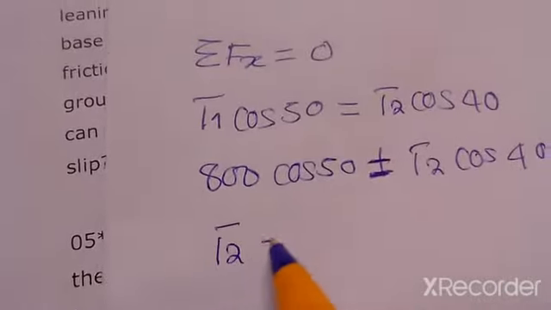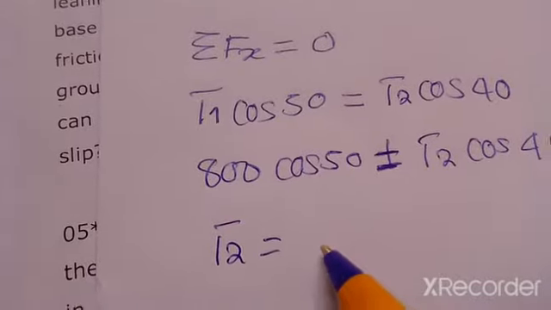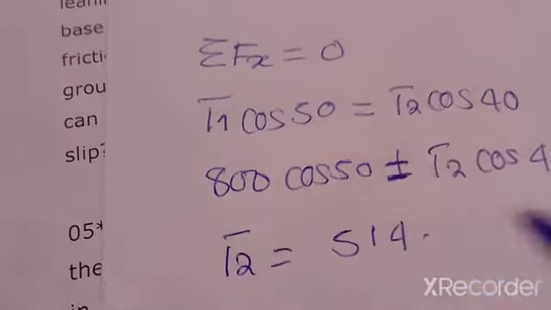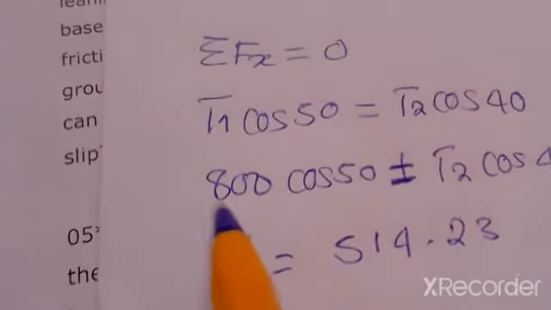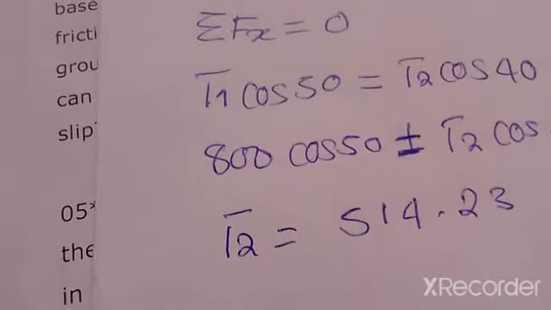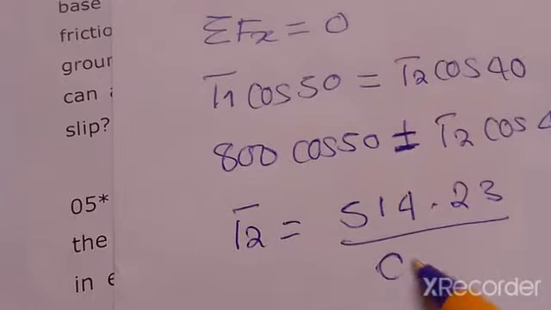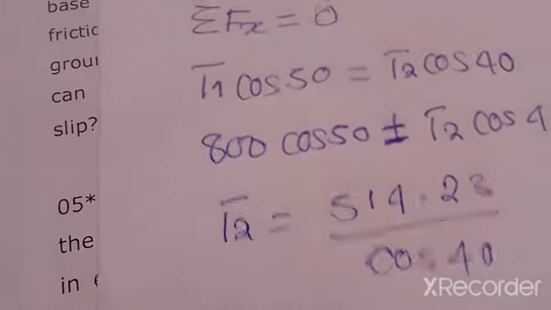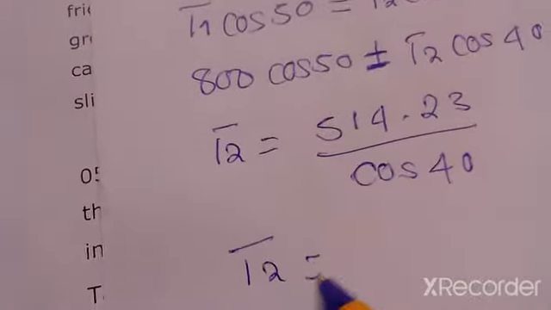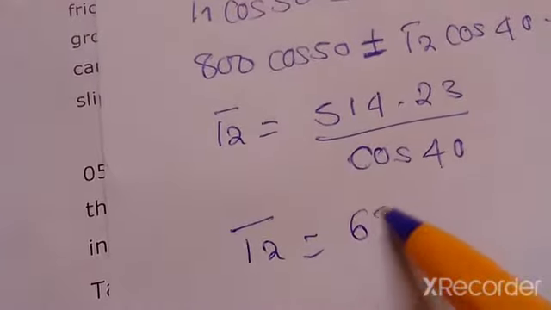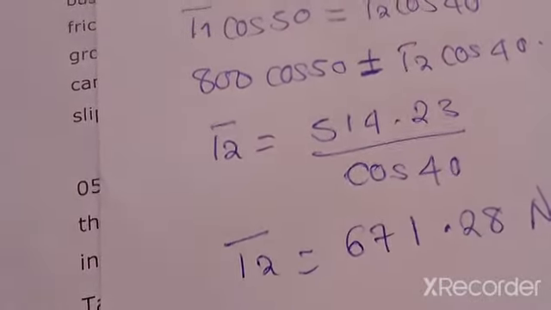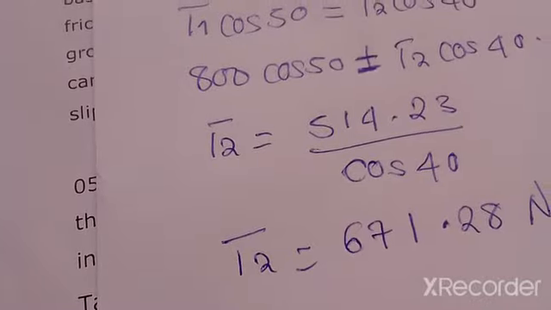T2 is going to be equal to 514.23, because 800 cos 50 gives you 514.23, divided by cos 40. If you find that, you're going to find that T2 simplifies to 671.28 Newton. So we found T2.